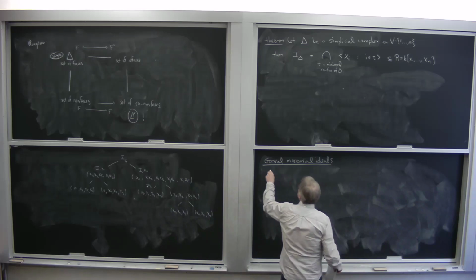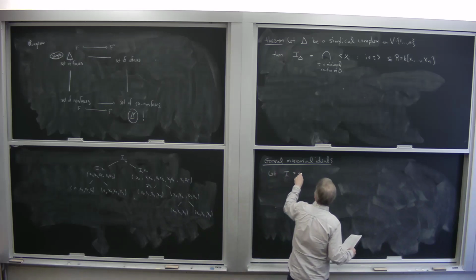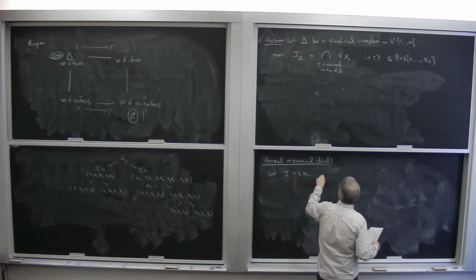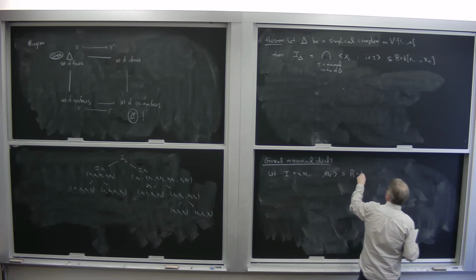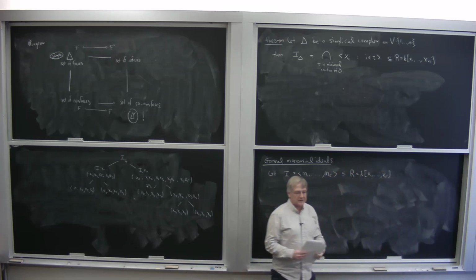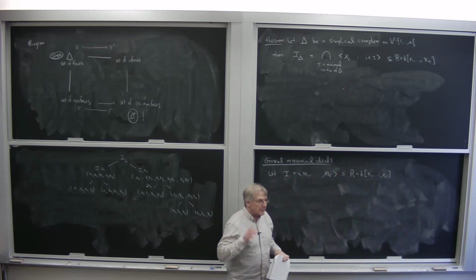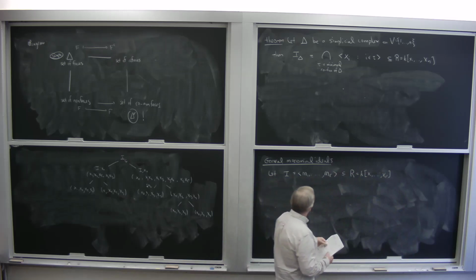Okay, so let's suppose I is now a monomial ideal, given by generators M1 to MR contained inside of R, which is K[X1 to Xn]. By the way, for everything we're doing, the field is absolutely irrelevant. Everything's combinatorial that we've done so far, and it will remain so.